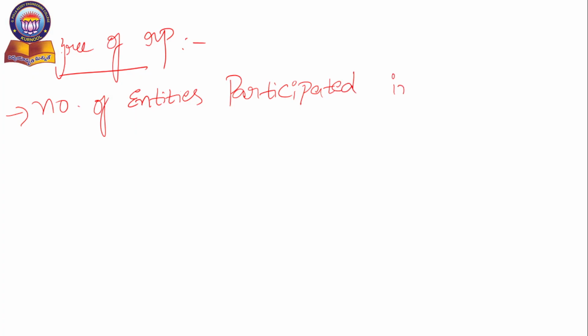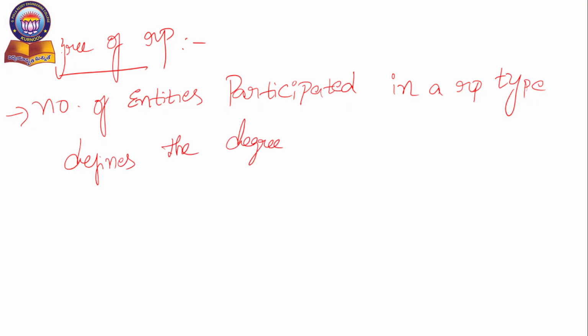The number of entities participated in a relationship type defines the degree of relationship.